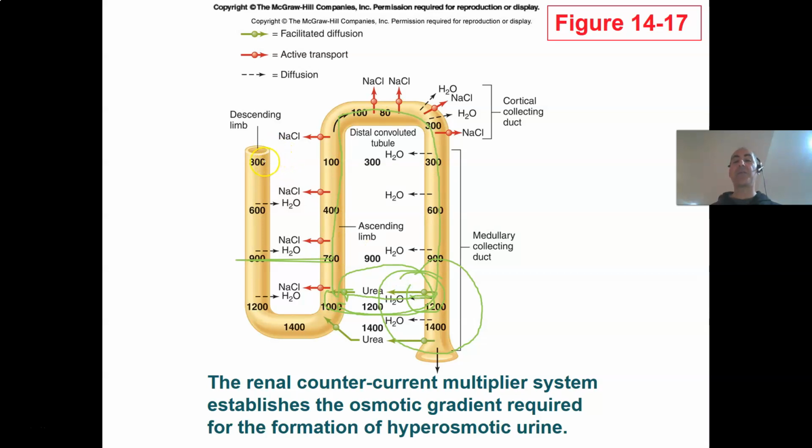Roughly half of the urea is reabsorbed here. So you have about 50 to 55% that's recycled. Let's say it's 55%, 5% gets reabsorbed, 50% here, give or take. These are rough numbers, between 45 and 50%.